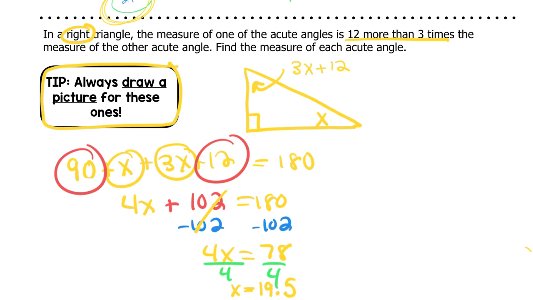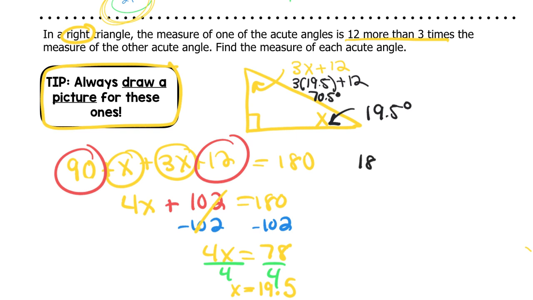So thinking of this situation, if x is 19.5 degrees, we can solve for the other acute angle as well by plugging it in or subtracting 19.5 and 90 from 180. So if you wanted to plug it in, it would look like this. So 19.5 times 3 is 58.5, and then plus 12 gives us 70.5 degrees.